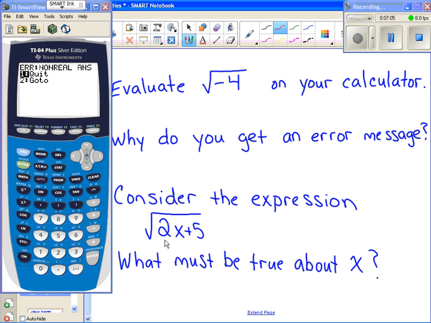So if you look at the expression, the square root of 2x plus 5, what must be true about x? Because that's going to be important in some of the problems we do. Remember, you cannot have a negative underneath the radical sign. By the way, and I've mentioned this before, underneath the radical sign is called the radicand.